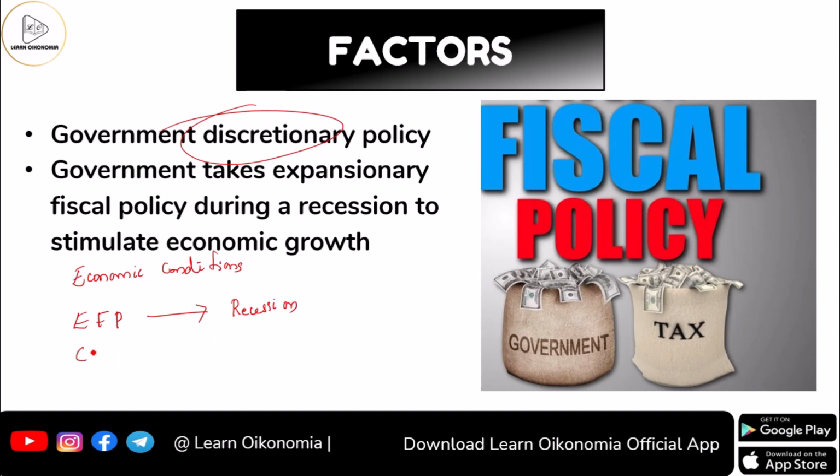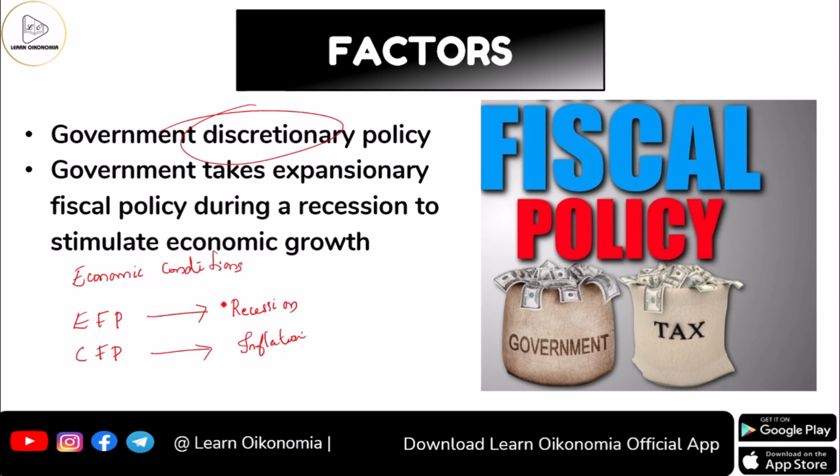It will go for a contractionary fiscal policy at the times of inflation, so as to suck the money from the economy. So whatever be the type of economic policy taken by the government in the form of fiscal policy, it will just try to see whether the economic condition that is happening in the economy is recession or inflation.